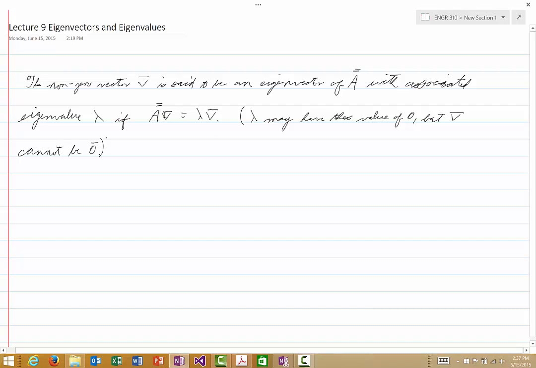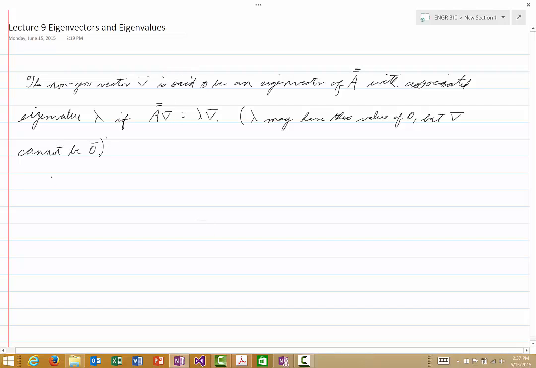When that happens, we know that one of the eigenvalues of that matrix is 0. And in fact, we will then usually want to find out what the associated eigenvector is, and we'll learn how to do that in just a moment.